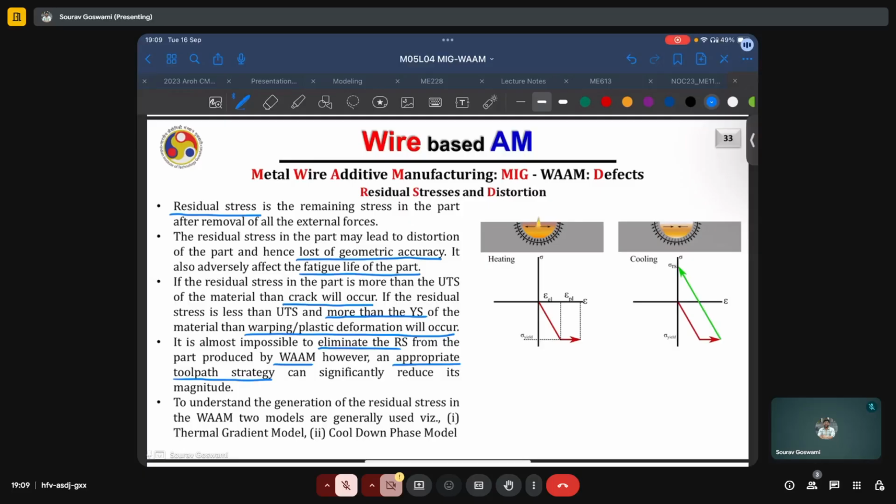And the second model can discuss the same effects based on the cooling gradients or the cooling rates. And on the right here, we have this very helpful schematic which shows how these residual stresses are generated.